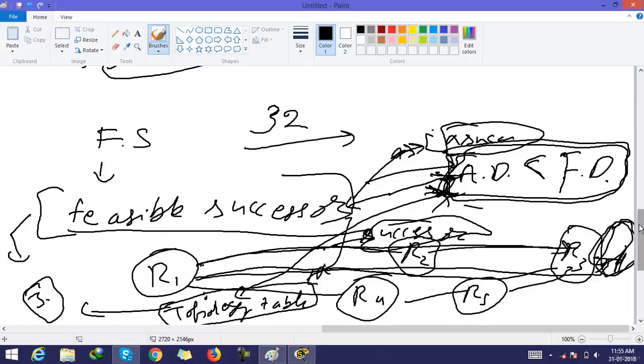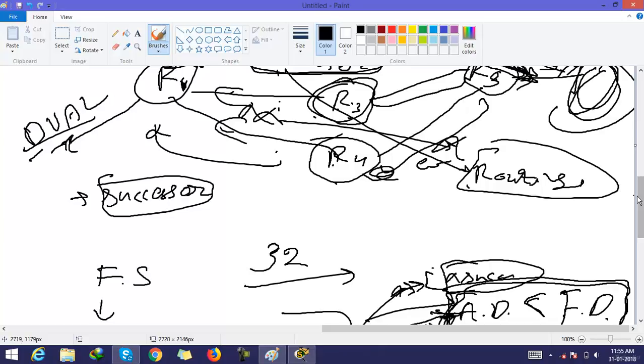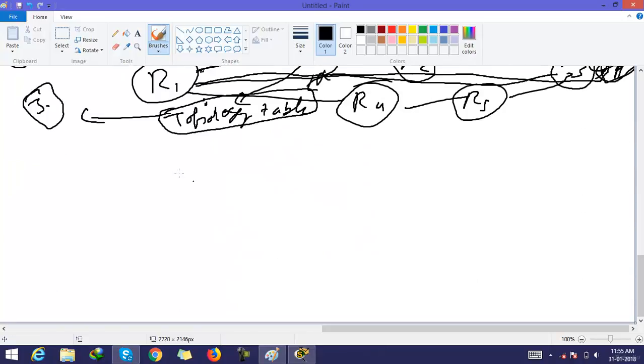Now, we discuss the tables in EIGRP. There are a total of 3 tables. The first one is the neighbor table.